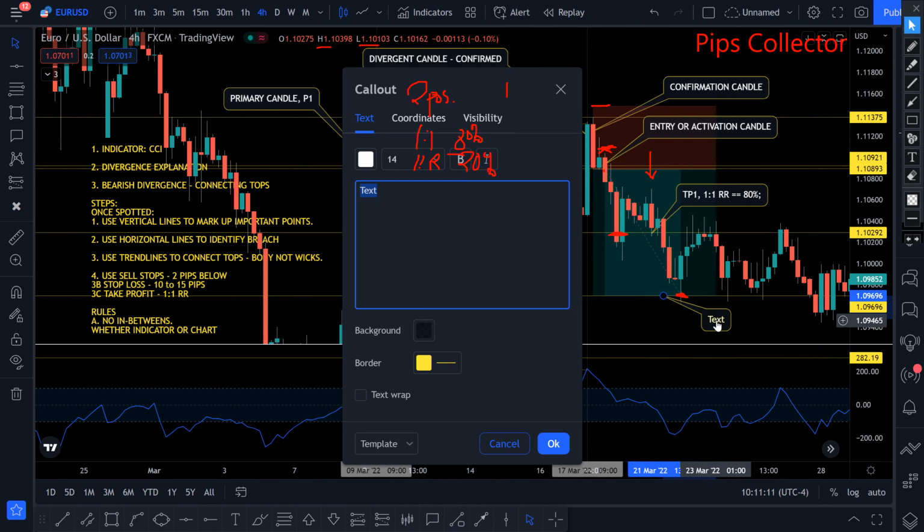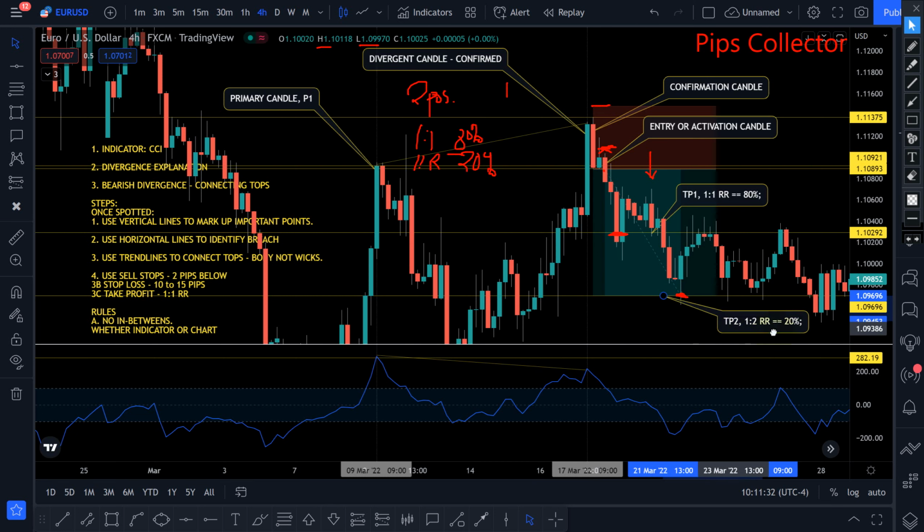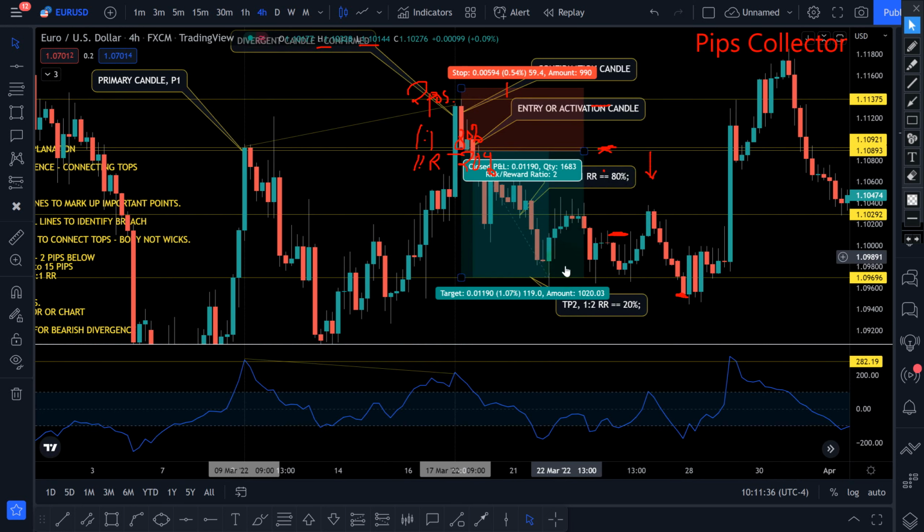Okay, so at TP2, which is 1:2 risk to reward, you close 20%. Now I've already explained the money management side, why it's important to close 80 here rather than 20 here. Look at what happened.